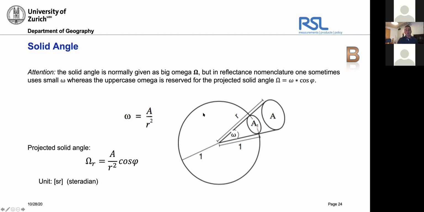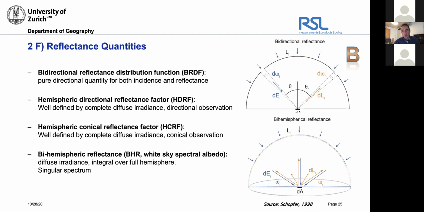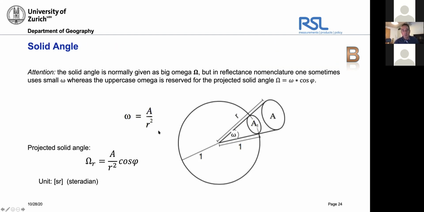And for a sphere, if you look at the whole sphere and you got a radius of 1, then you get a total area of 4 pi because the area of a sphere is 4 pi r squared. So that's how you define it. So the steradian of a whole sphere is 4 pi. The steradian of a hemisphere is 2 pi.